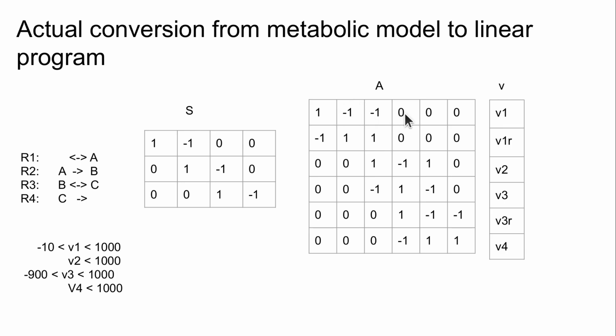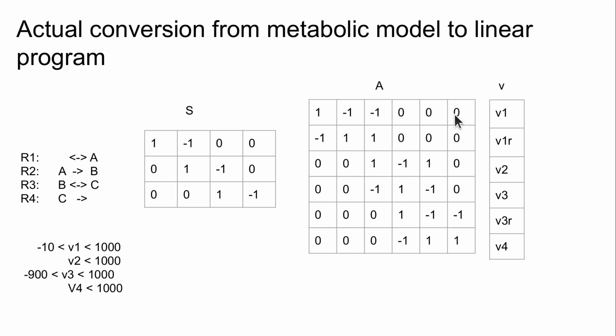And we can show this by adding another variable here in our v vector, which will correspond to another column in our A matrix. Essentially here we have this column corresponding to our normal V1, and then we have our column 2, which is V1R, which is the same, just with the signs reversed.